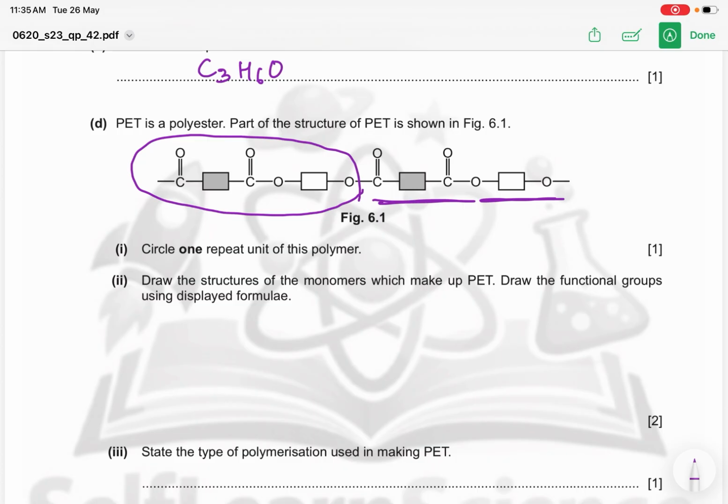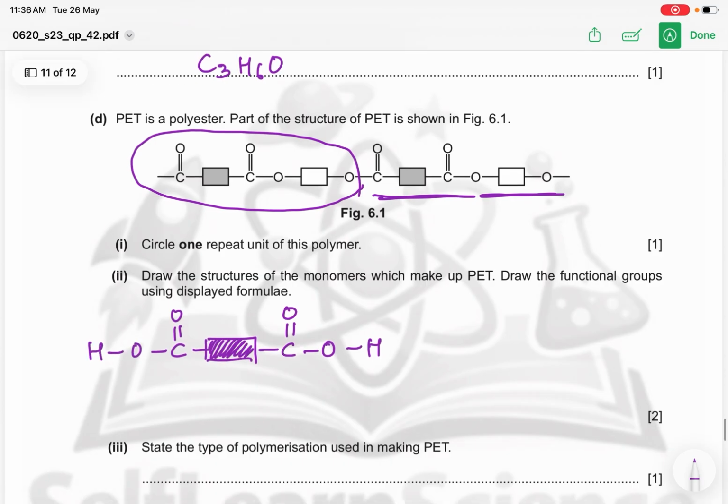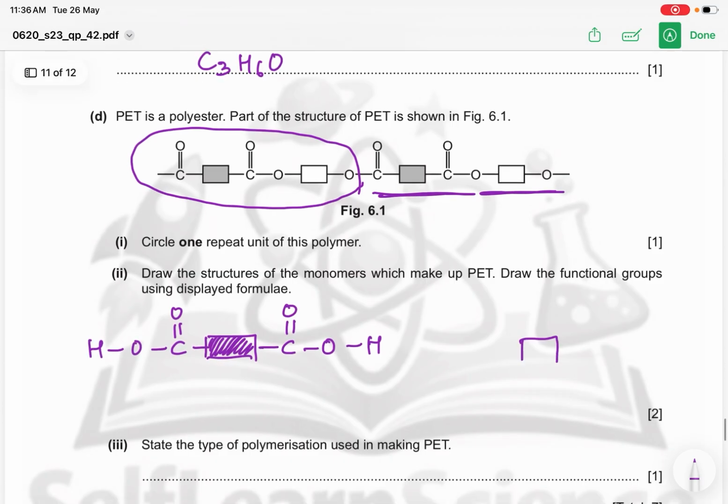So we have identified one as carboxylic acid and the other one as alcohol. So we'll draw first my carboxylic acid, so C double bond O, OH. On the other side also C double bond O, OH. And the other I have is the unshaded one, which is the alcohol, with OH.